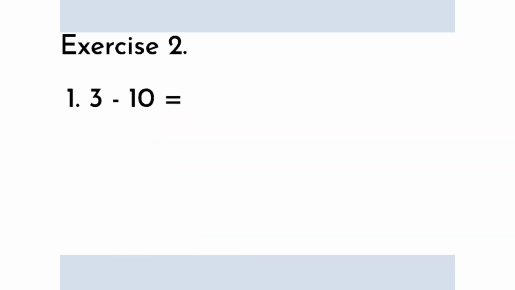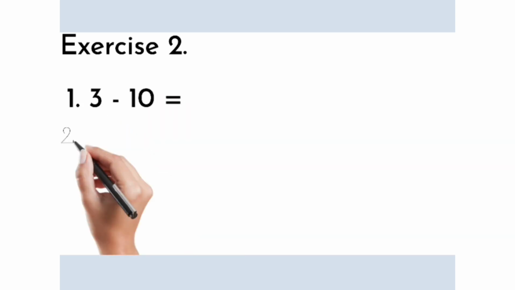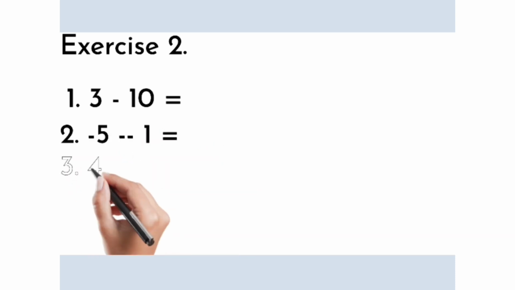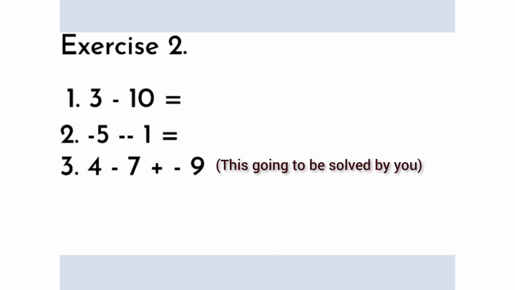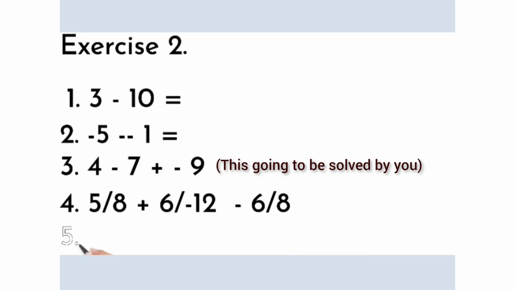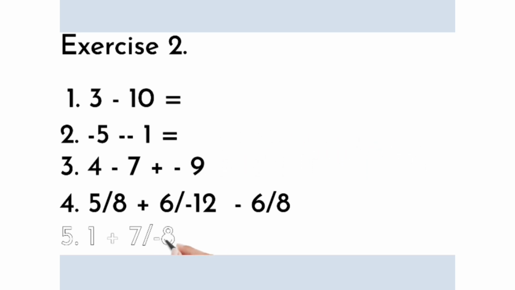If you have 3 minus 10, minus 5 minus 1, 4 minus 7 plus minus 9, 5 over 8 plus 6 over minus 12 minus 6 over 8, then you have 1 plus 7 over minus 8.